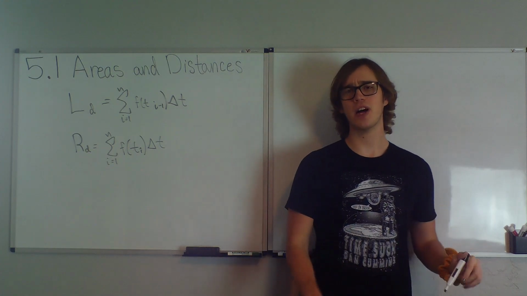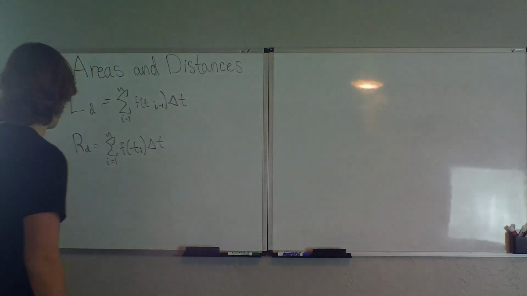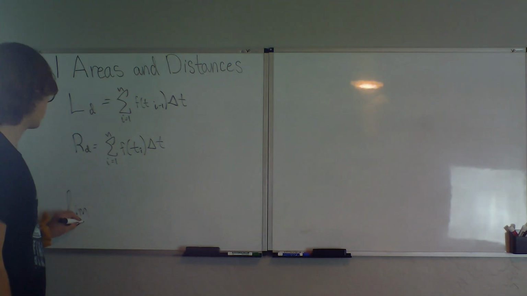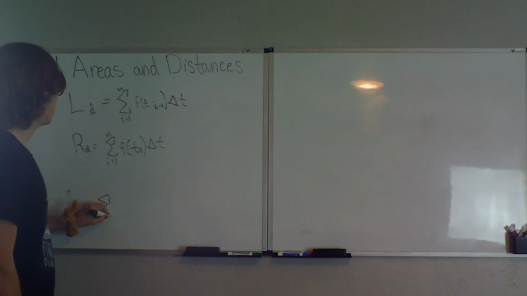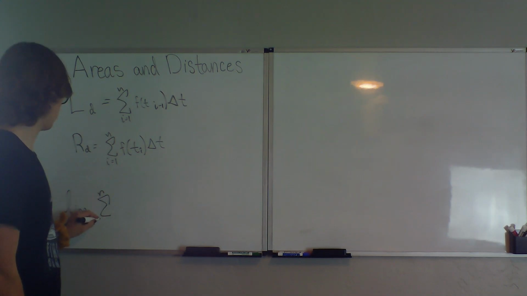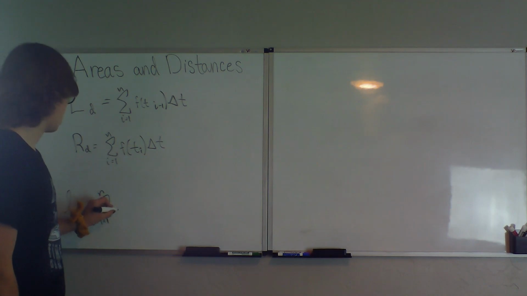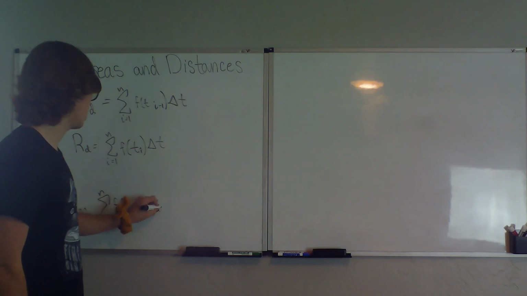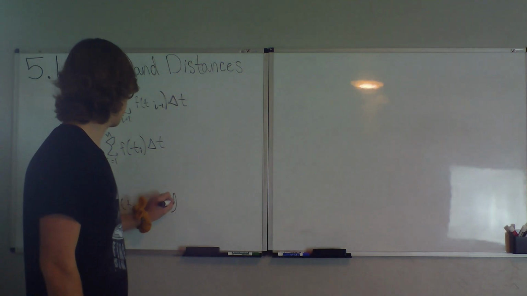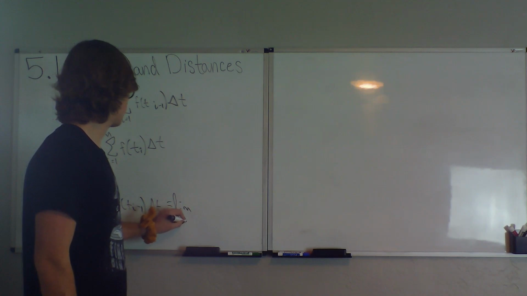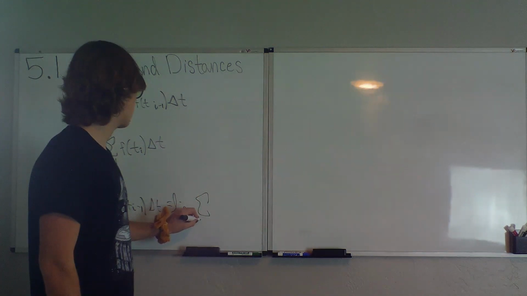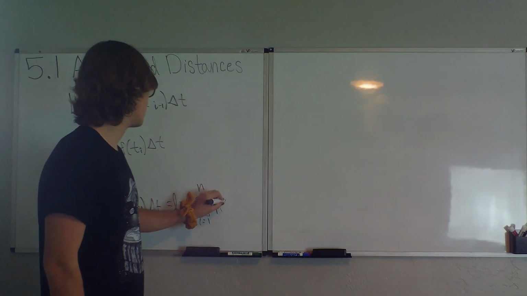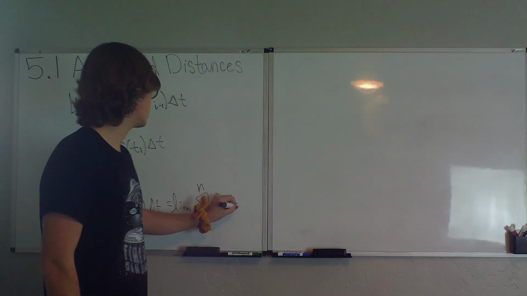And then what we can find is that when we take the limit of both of these, the limit as n approaches infinity of the sum from i equals 1 of f of t sub i minus 1 delta t is going to be equal to the limit as n approaches infinity of the sum from i equals 1 to n of f of t sub i delta t.